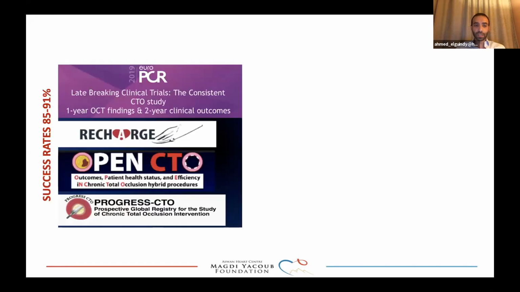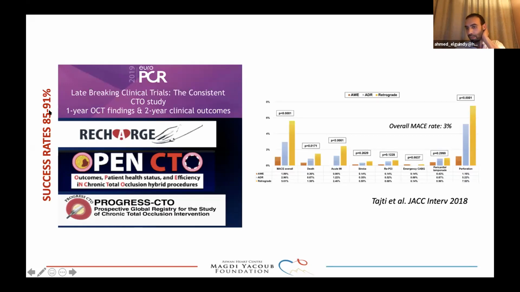And if the answer is yes to all the above, this is what the real world data that we're getting, either from the Bureau CTO registry, from the Recharge registry, UK Open CTO registry, or Progress CTO, shows, with success rates of 85 to 91%, and an overall major adverse cardiovascular event rate that is 3%. And this was back in 2018.